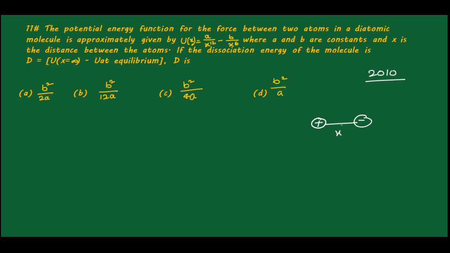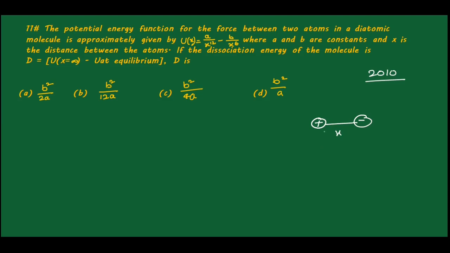Dissociation energy means the energy required to break this bond between the two atoms and remove one atom from this system. So that energy is the dissociation energy. That is what you have to find. The potential energy as a function U(x) is given, and with the help of this potential energy we have to find the dissociation energy.